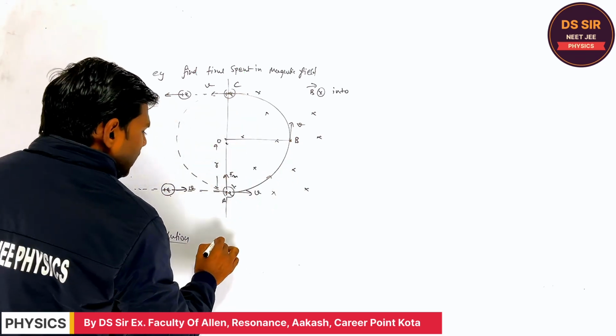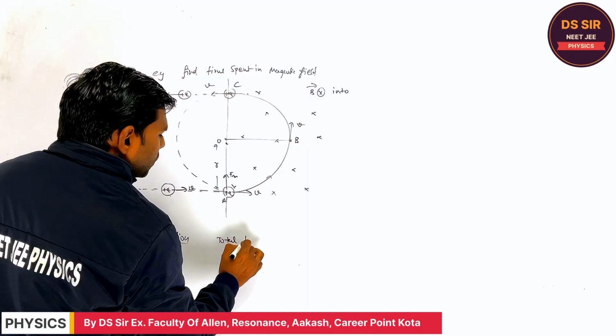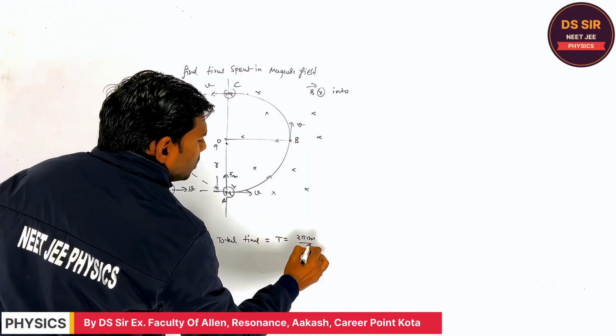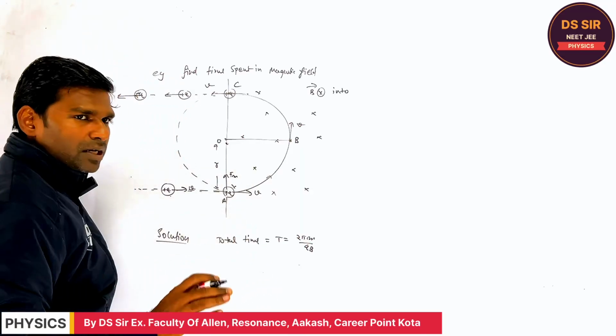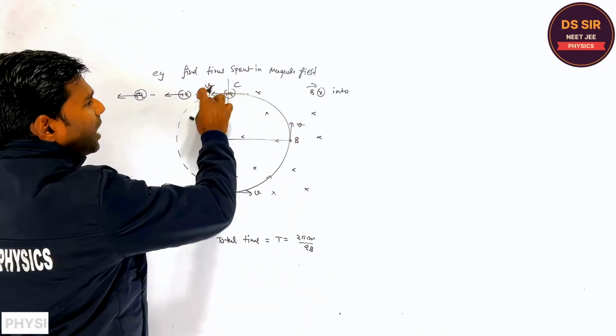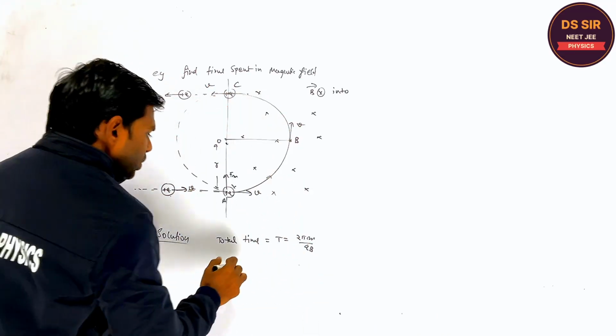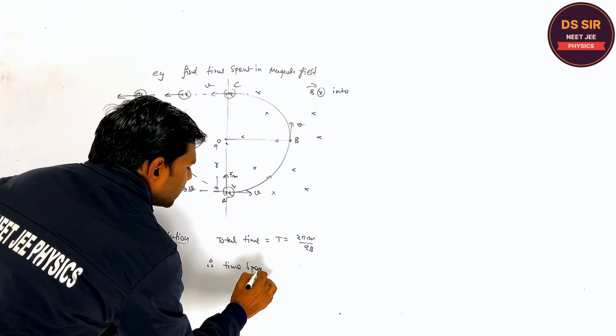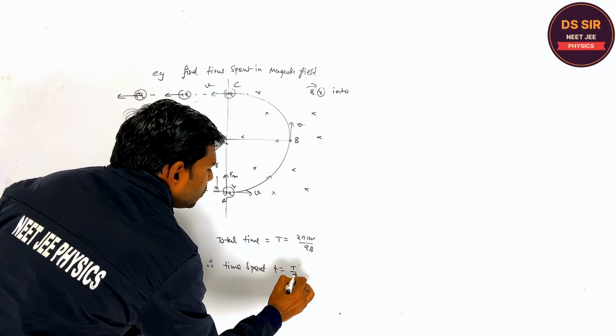So what is the total time period of one revolution? Yes, 2 pi m upon qB. But it is performing only half a revolution, so therefore the time spent will be equal to T by 2.